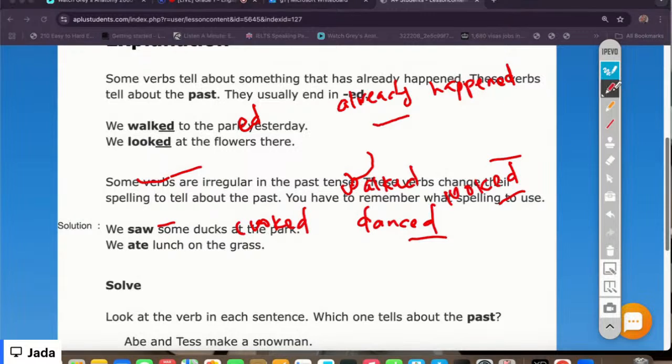Now, this past tense that ends with ed is the regular past. Okay, so regular.